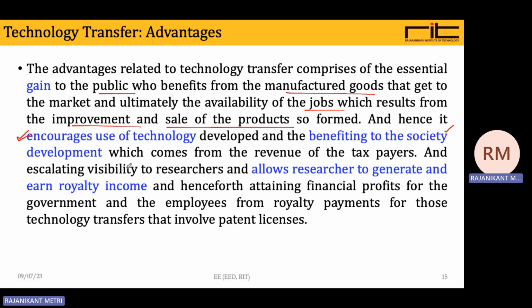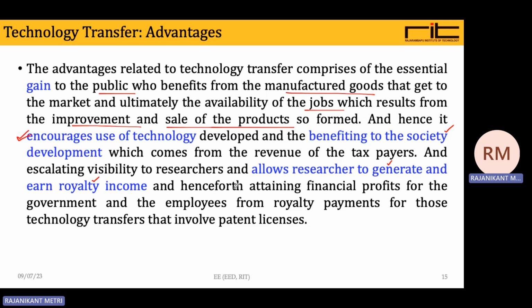It also increases visibility for researchers and allows researchers to generate and earn royalty income, and henceforth attains financial profits for the government and the employees from the royalty payments for those technology transfers that involve patent licenses.